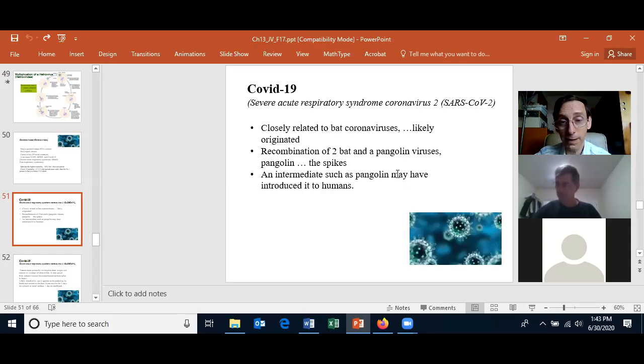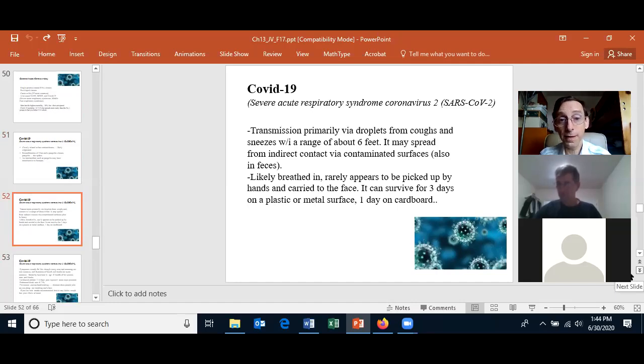A pangolin is a spiny anteater, and these viruses recombined and made COVID-19, and they think it was in a pangolin, a spiny anteater, which was taken to China, and from that pangolin they think it infected the first human in Wuhan in China sometime in 2019. Any question about that?